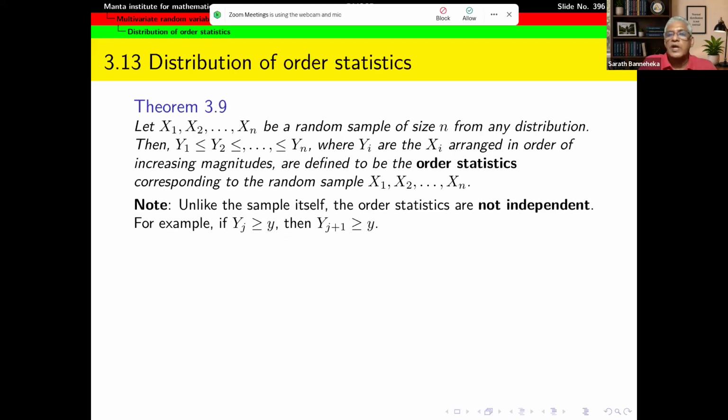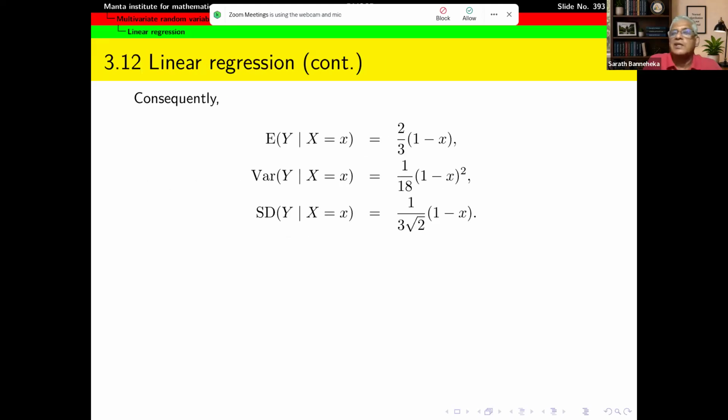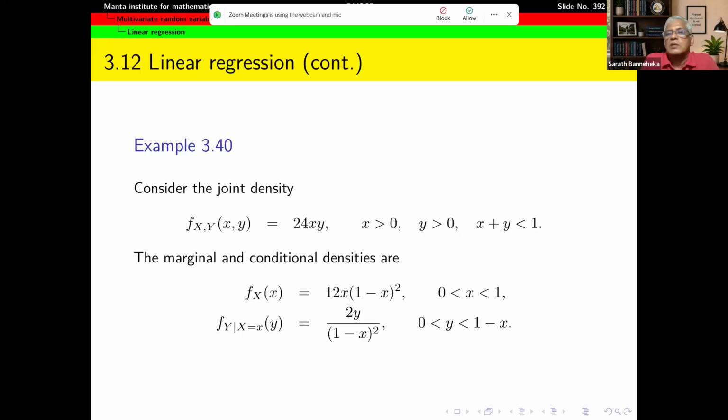Okay. So that is the end of that section. We discussed the least squares regression predictor of y on x.